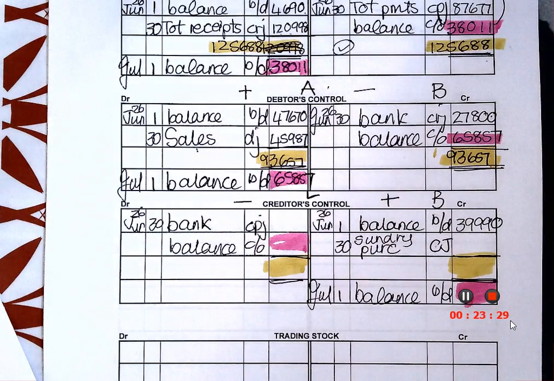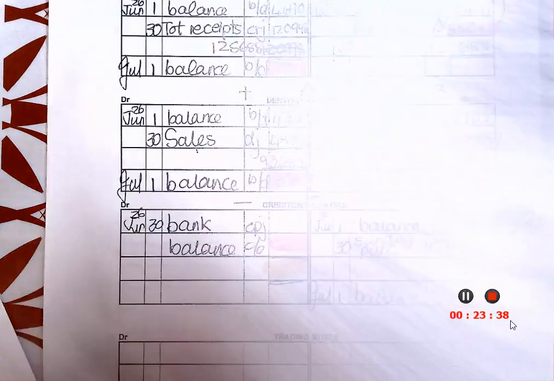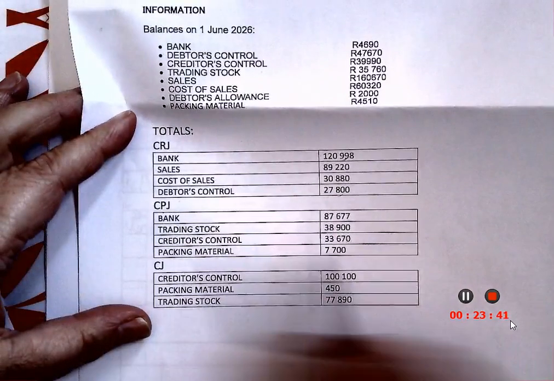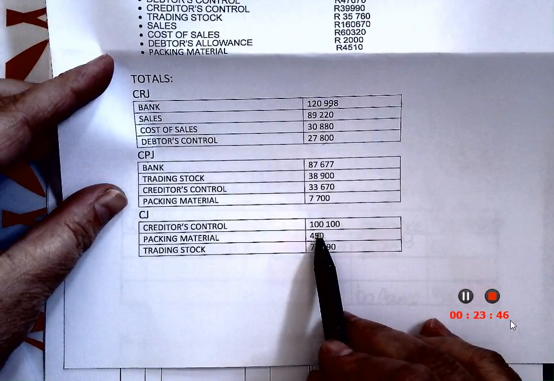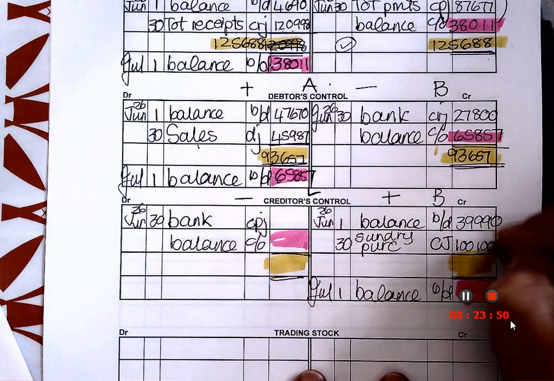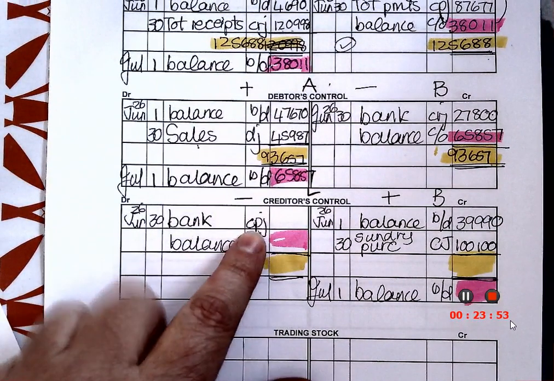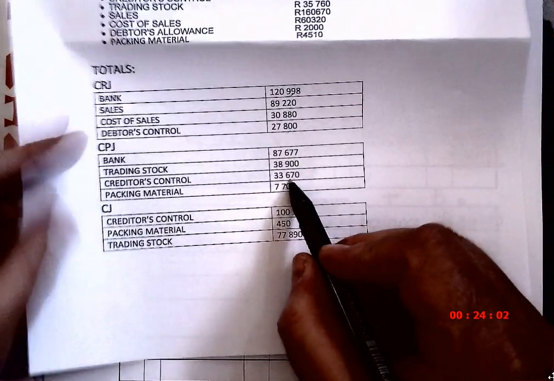Okay, now I go to the CJ. What am I going to look for? Plan A, creditors control. 100. When I go to the CPJ, what will I look for? First option, plan A, creditors control. 33,670.